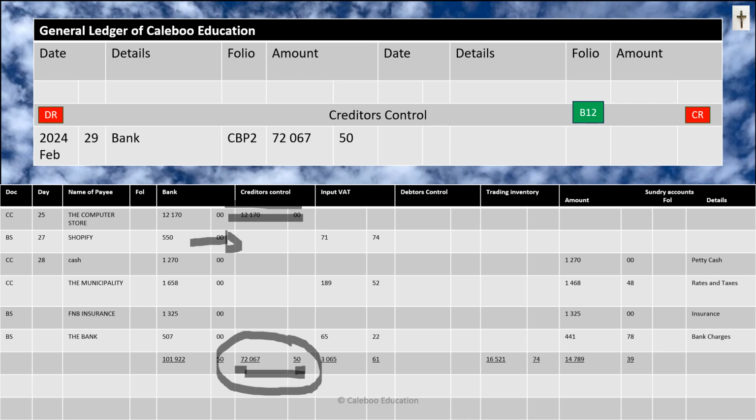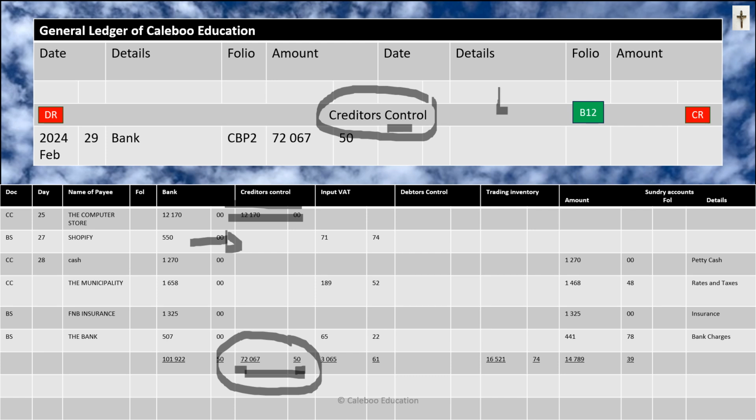And remember we're in the general ledger, so we're looking at the control account, accounts payable, creditors control, which is a summary of all the individual creditors, but we only have one in this exercise.